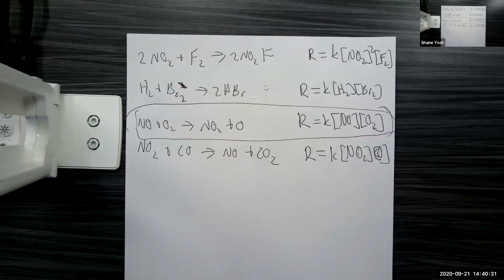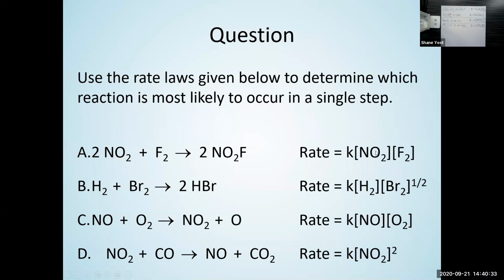So if you go back, this one has to be NO2 squared, not just NO2. This one needs to be Br2 to the 1, not Br2 to the 1/2. And this needs to be NO times CO, not NO2 squared. So C here is the only one where the rate law of that reaction, assuming it's an elementary reaction, agrees with the experimentally determined rate law.